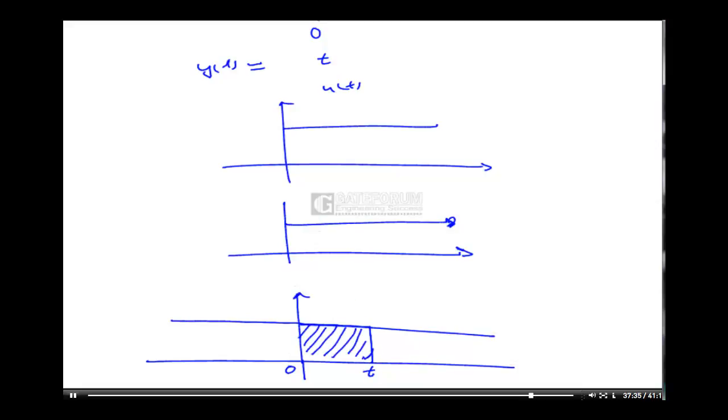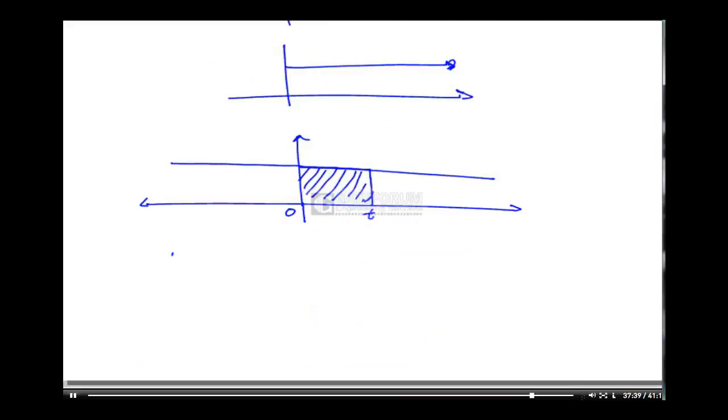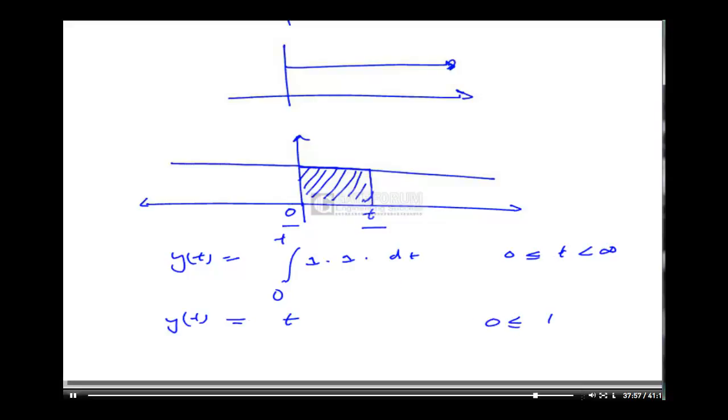So when I multiply this overlapped region, y of t equals the integral from 0 to t of 1 into 1 dt, where t lies between 0 to infinity, which is equal to t. This problem has once appeared in the GATE exam. See one more problem.